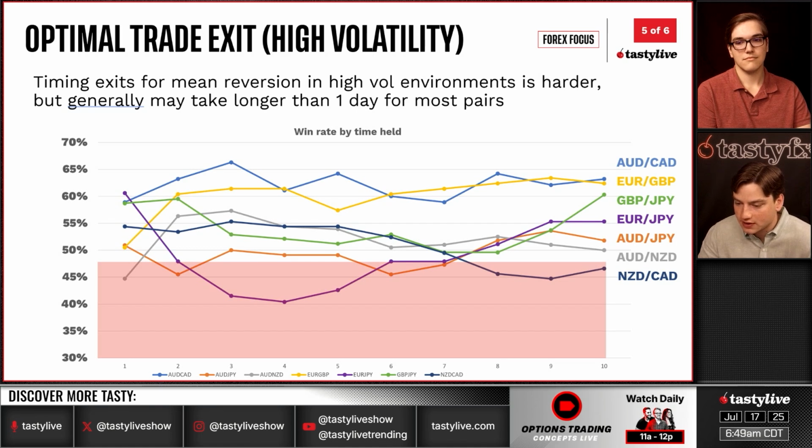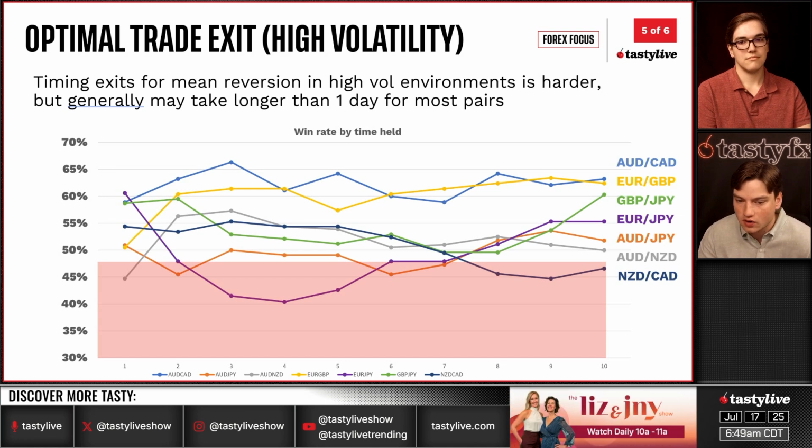The one trend that stuck out was the difference between day one and day two, an uptick in a lot of these pairs, particularly Euro Pound and Aussie New Zealand dollar. So maybe it's worth waiting more than a day for this mean reversion if you don't get it the first day.